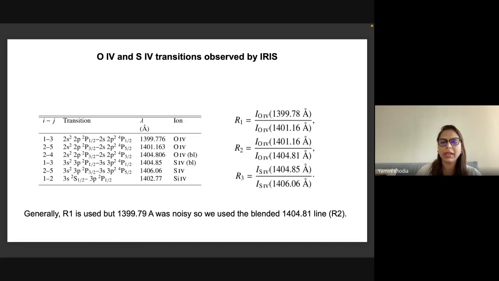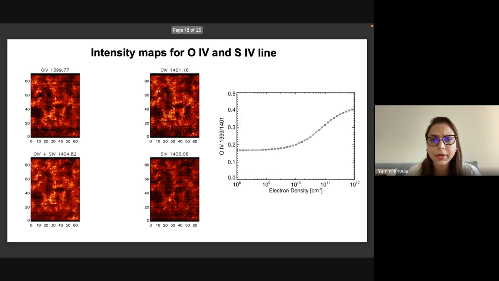So we used the blended line at 1404, which had a contribution from oxygen 4 and sulfur 4. Then we had to subtract the contribution from sulfur 4 1406 from the 1404 line to get the oxygen 4 line, and we had to use that particular ratio.